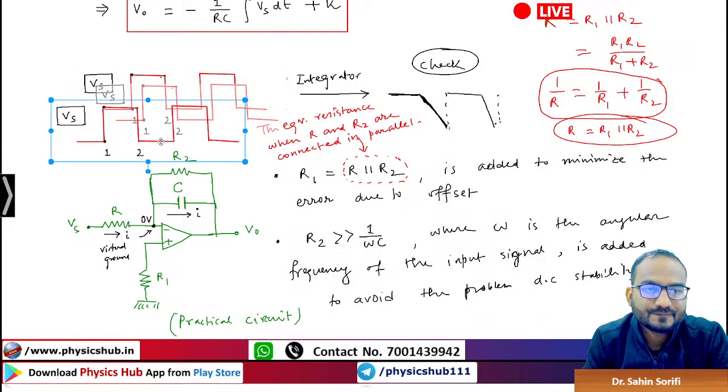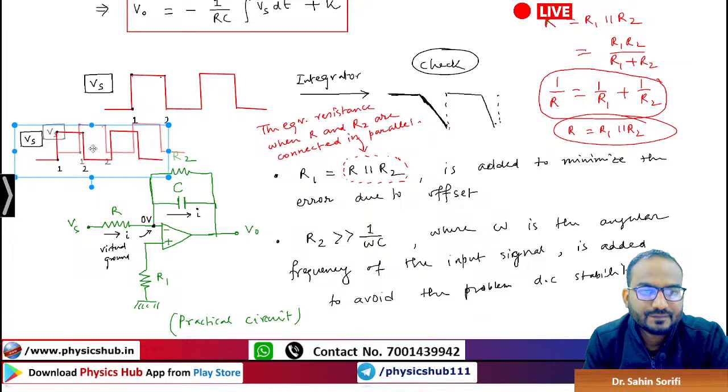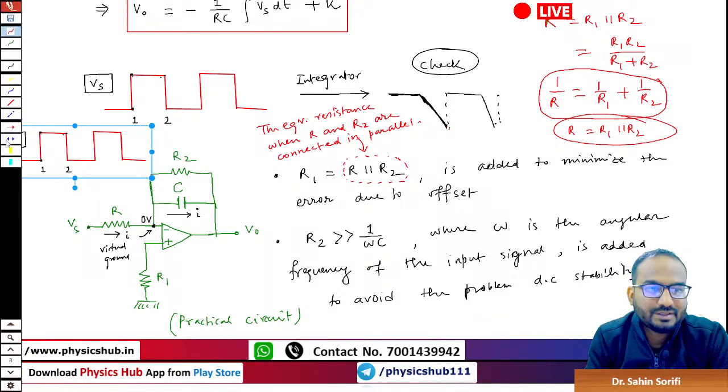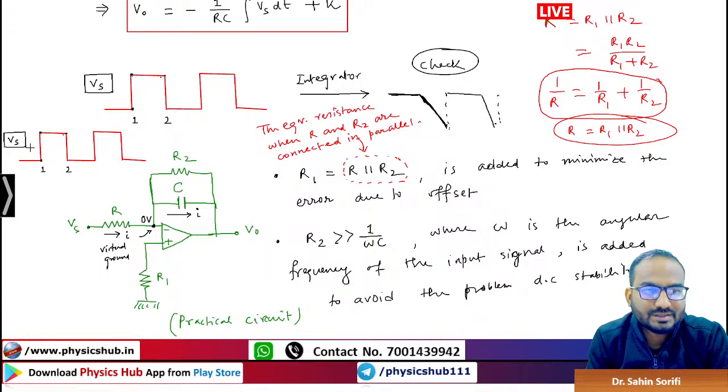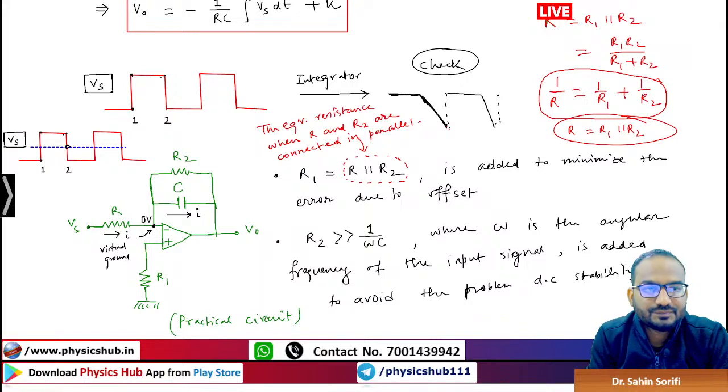Okay, take this as homework. If I make the 0 point here, previously this was supposed to be 0, right? Now if we consider this to be the 0 line, you are having a positive half cycle here and a negative half cycle.